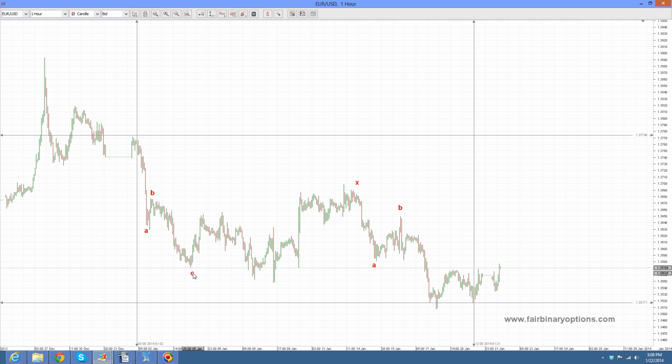And then of course we have the C wave to the downside, and the C wave to the downside ends here with an impulsive move with a fifth wave failure.